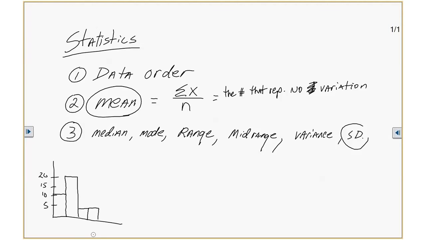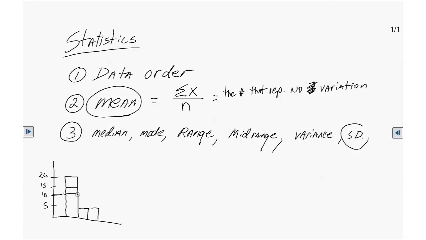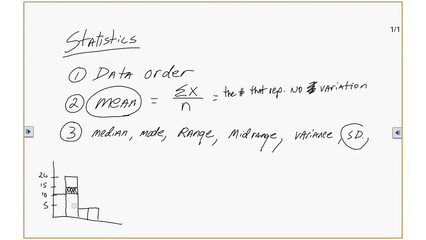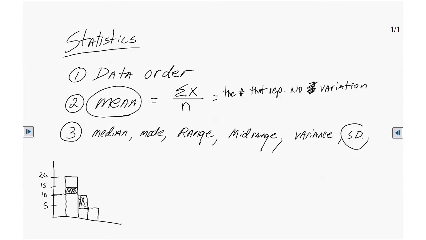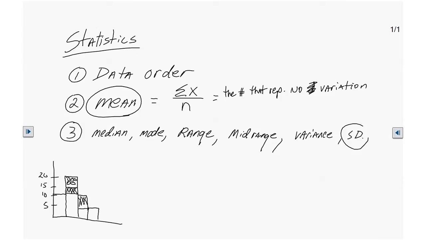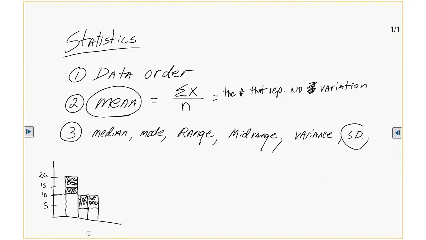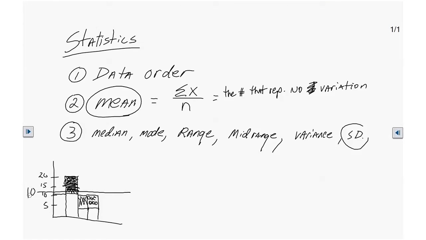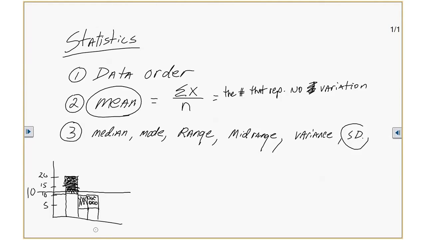Then you're going to take this one and cut it off and put X's across here. You take it out and put it right here, at 5. That leaves this one, and I peel it off and put it right here. Okay? What have I just done? I've made no variation. This one is gone. And this number, 10, represents no what? And that's what the mean is.